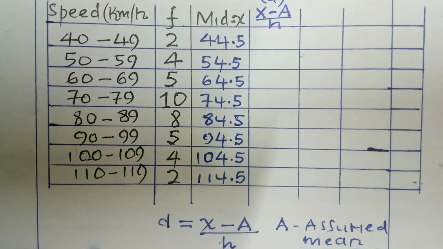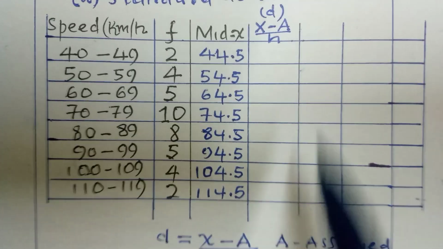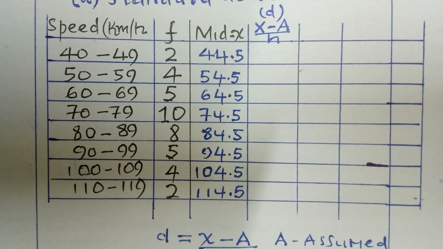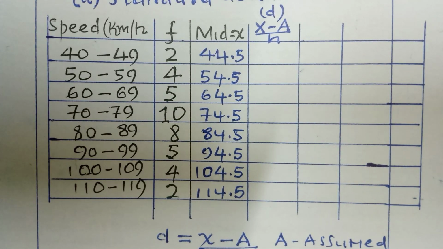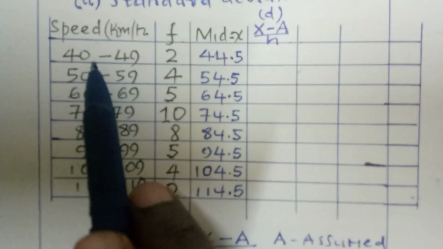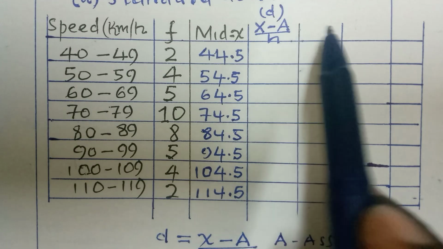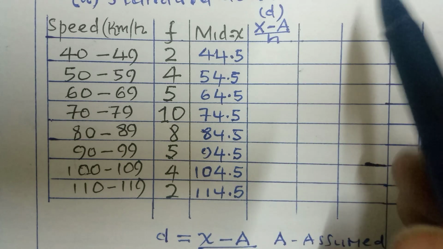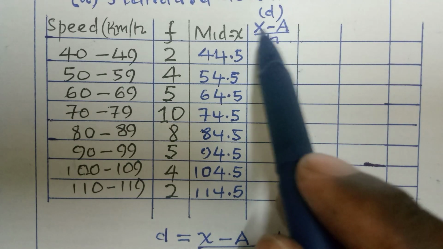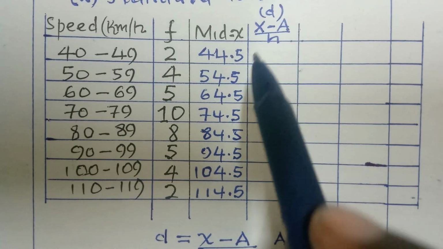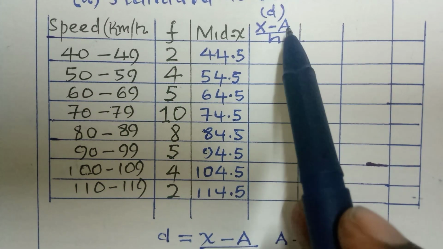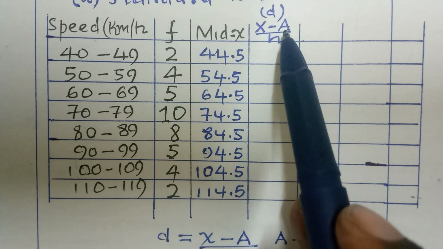And so guys, we come and now do that. We can give a value of H, for example, but before we give the value of H guys, we can come and do X minus A, midpoint minus the assumed mean. Before even we do that, we need to know what is the assumed mean.